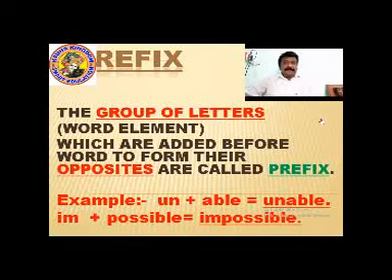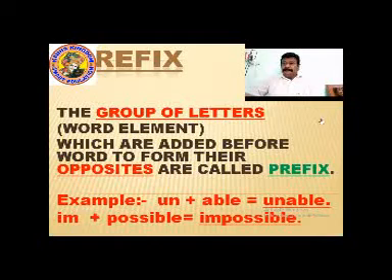What is able? Able is the capacity to do. By using the word UN, the meaning of the entire word changes. It becomes its opposite. The opposite is unable.